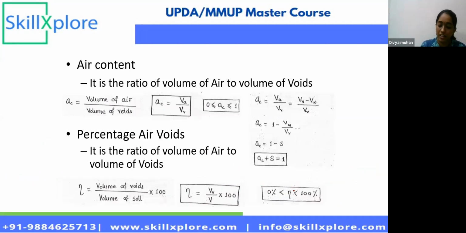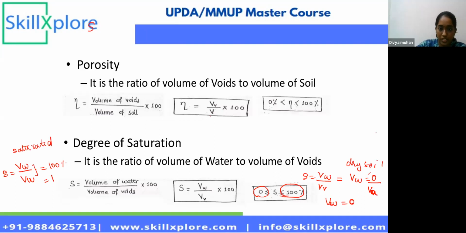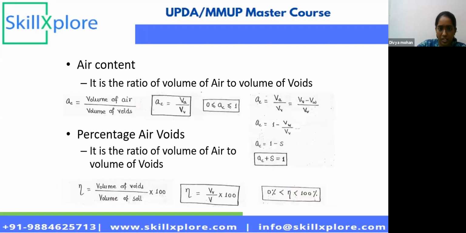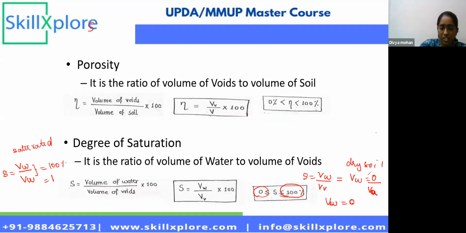Next, air content. Air content is nothing but the ratio of volume of air to volume of voids. So we can say it is a counterpart of degree of saturation.